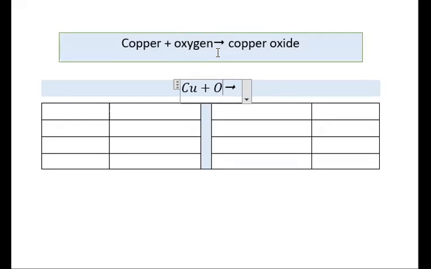Oxygen is alone on its own. So that means whenever it's alone, it is diatomic, right? It needs to have the 2, right? And in the end, because copper bonds with oxygen, it loses the 2. Because whenever oxygen is bonded to another element, it loses the 2. Well done, guys. I like how you guys picked up on that mistake.